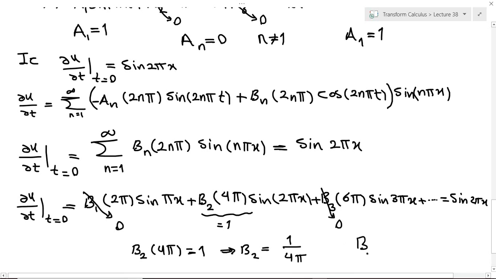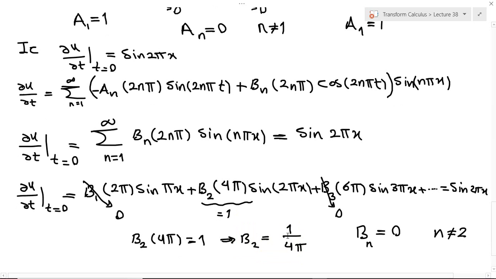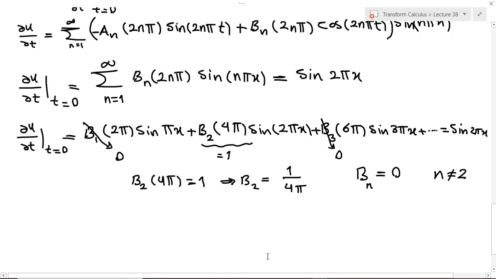And bn for all the values of n is equal to 0, but n cannot be equal to 2. Why? Because we already found b2. b2 is 1 over 4 pi. Now we have an, we have bn, so we can easily find u of x and t.